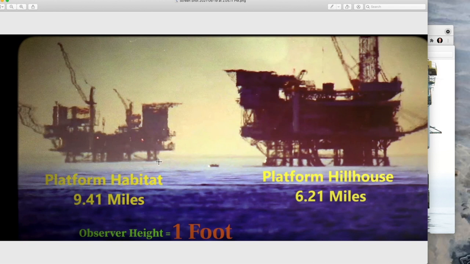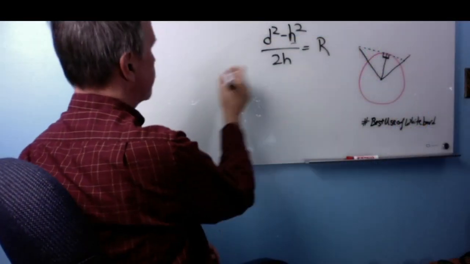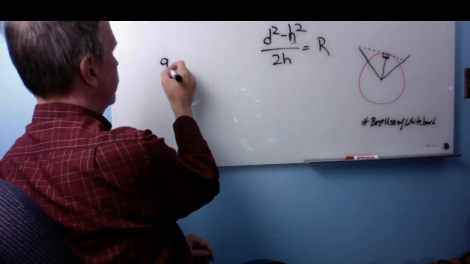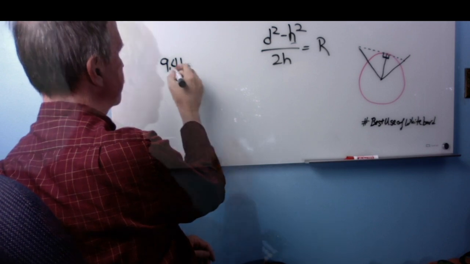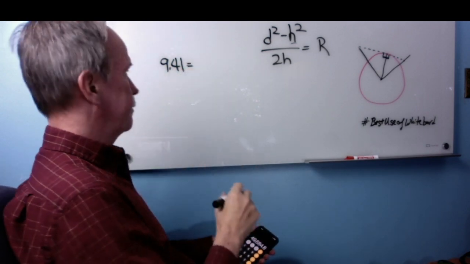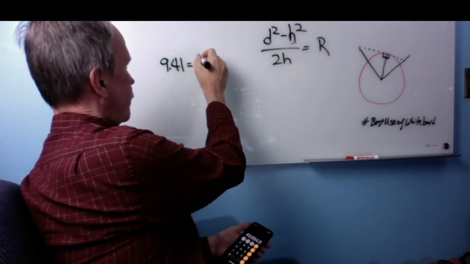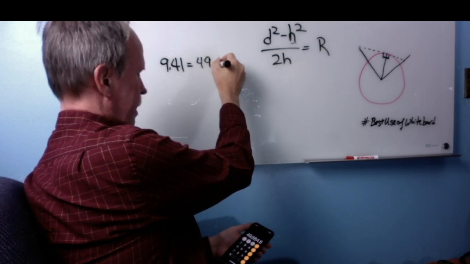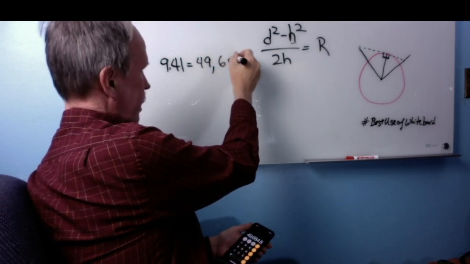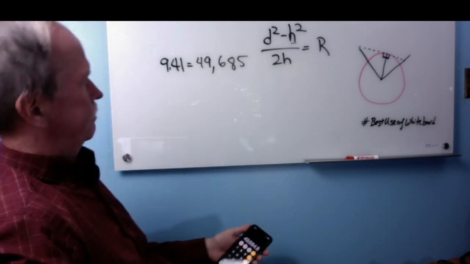The curve calculator says it ought to be about 45 feet. But as I said, we've got a tremendous amount of distortion here. And I'm saying that we're missing about 20 feet of this platform. So let's go ahead and see what we have. Okay, so the distance is going to be 9.41 miles, which is what's listed on the Flat Earth video, equals 49,685 feet, roughly.